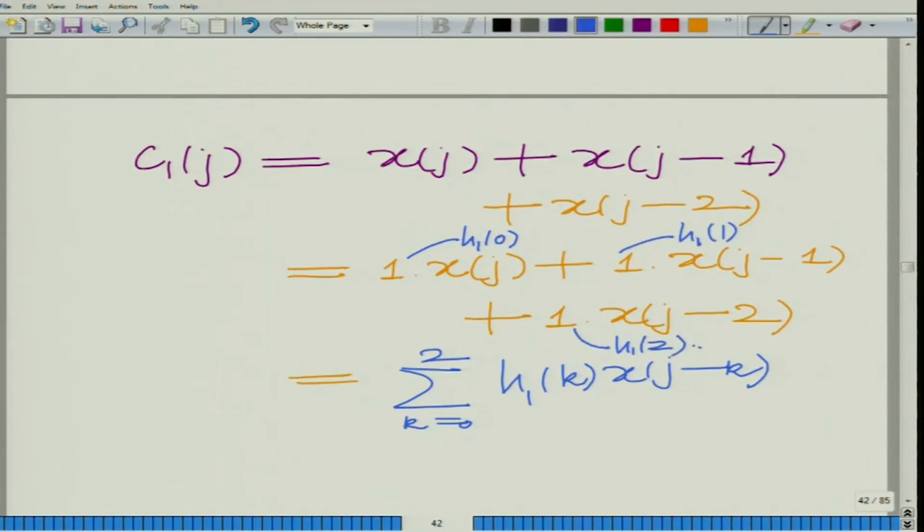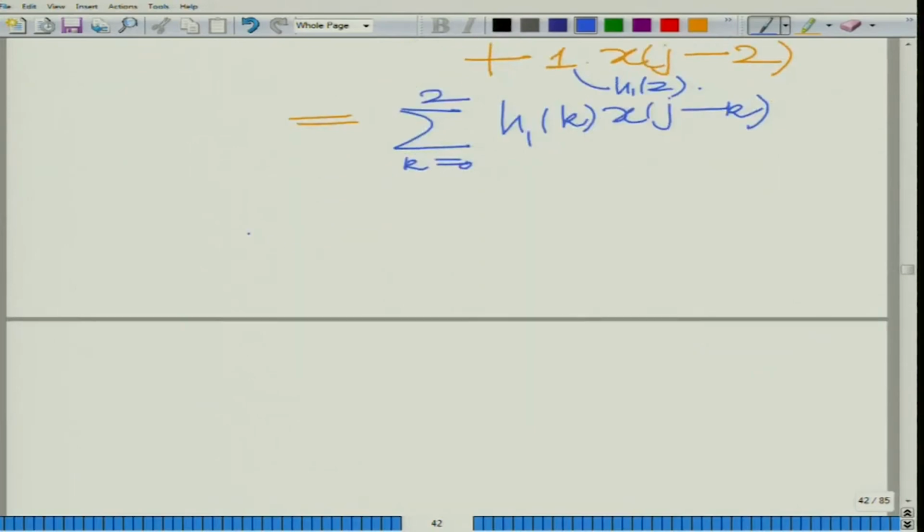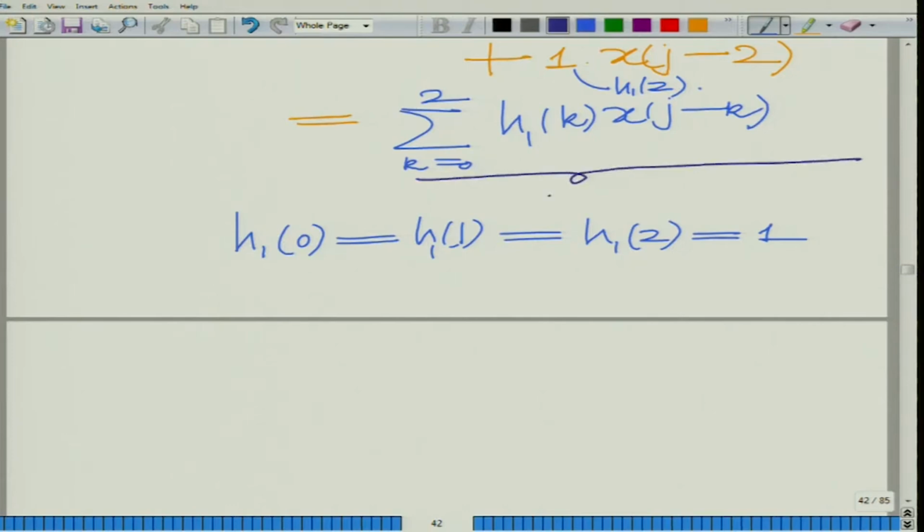So we have basically in this filter h1 of 0 equals h1 of 1 equals h1 of 2 is equal to 1, and you can see this is a convolution operation.